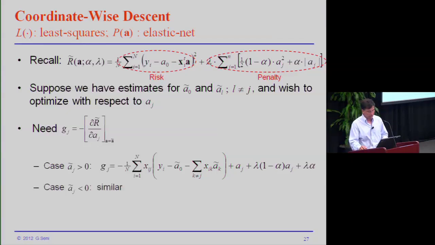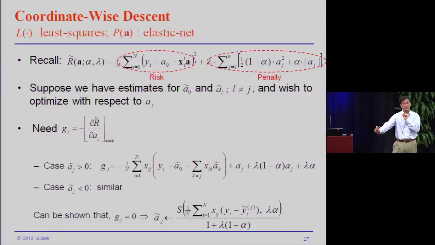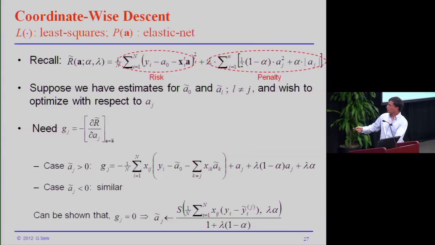And there's a very similar expression for the negative side. If we set the gradient equal to 0 and we solve for A sub j, that's what we're trying to find, the minimization along the coordinate x sub j. Notice, on the positive side, if we make this equal to 0, we have A sub j times 1 minus this, and that's going to go to the other side to divide, and that's what we have here.